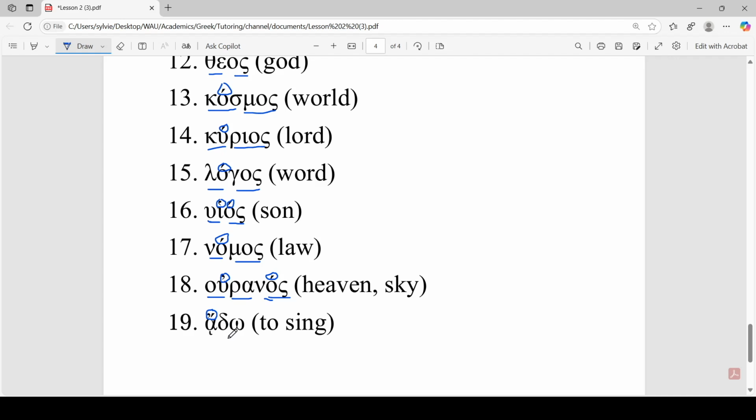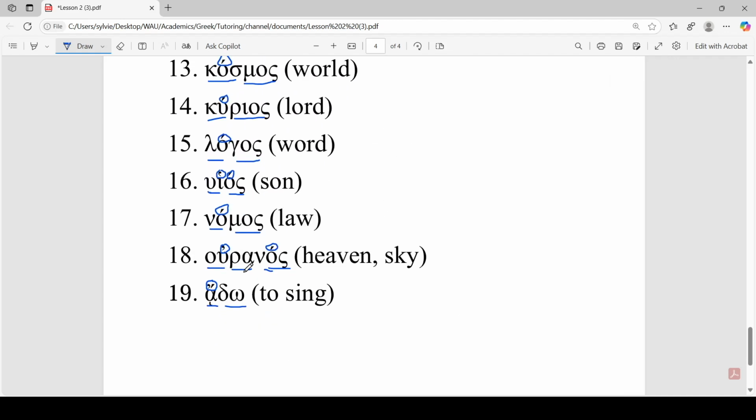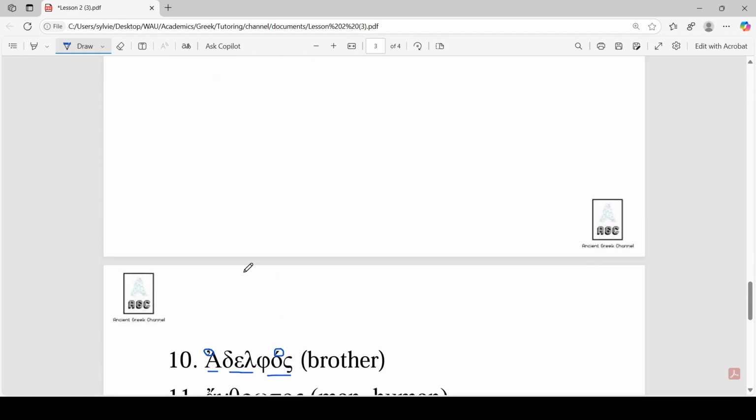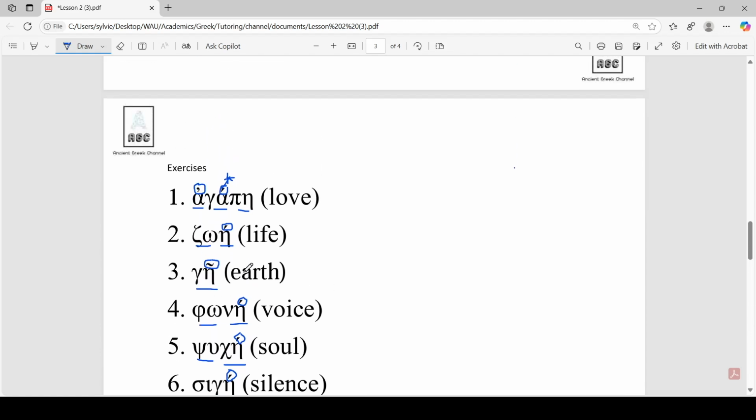So let's just ignore it in terms of pronunciation, but it's still important in the spelling of the word. So the right pronunciation of this word will be what? Let's identify the different syllables. It's a two-syllable word, so the right pronunciation will be ado, ado. So this is how Greek pronunciation works.